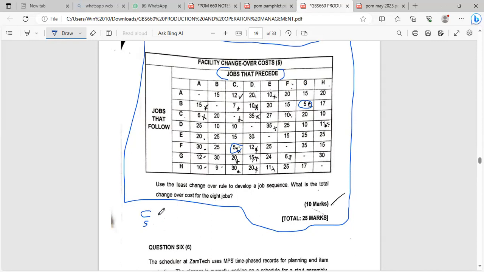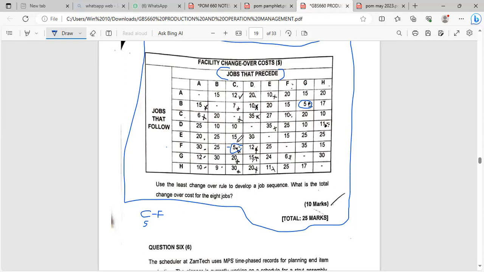Then the following job will be job F. Why F? Because where there is 5 here, there is F. I'm sure you're getting my point. So I'm starting with this sequence for now.